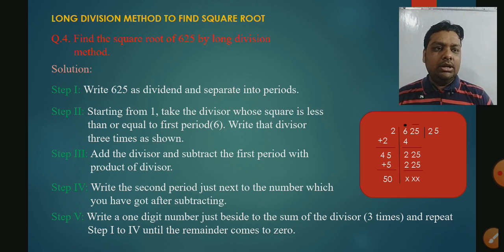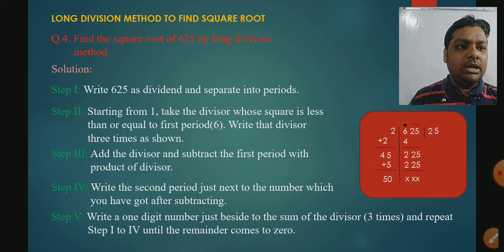It means we repeat the process until the remainder comes to 0. So here you can see the quotient is 25. So we can say that the square root of 625 is 25.